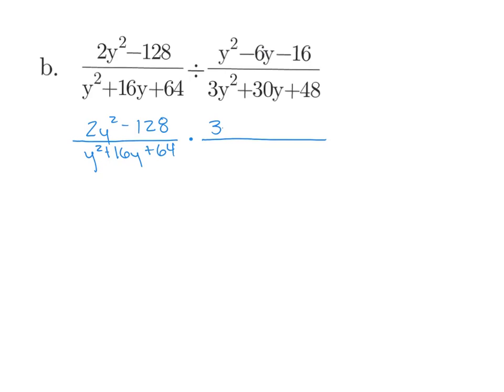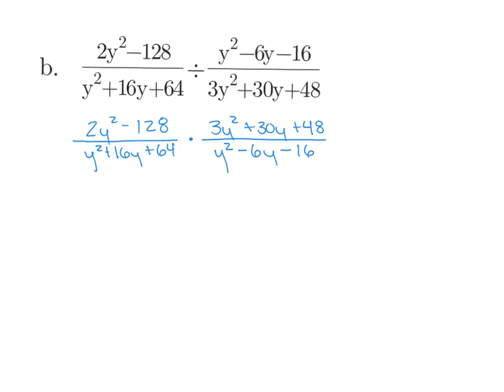We get 3y squared plus 30y plus 48 over y squared minus 6y minus 16.